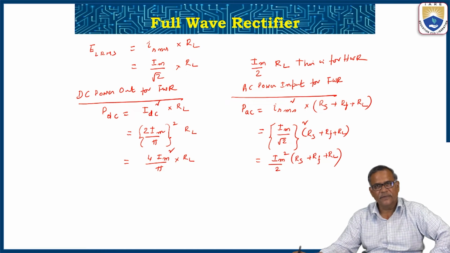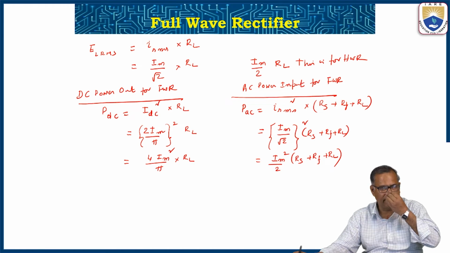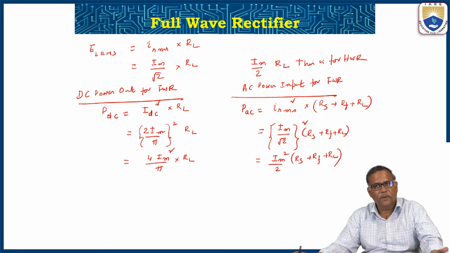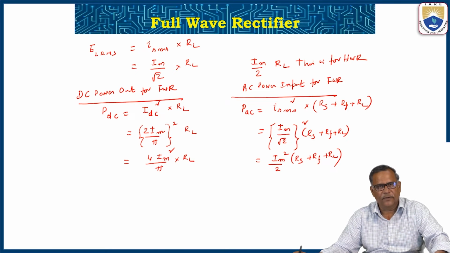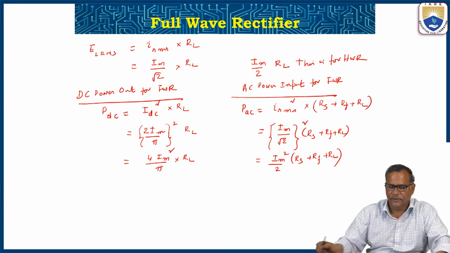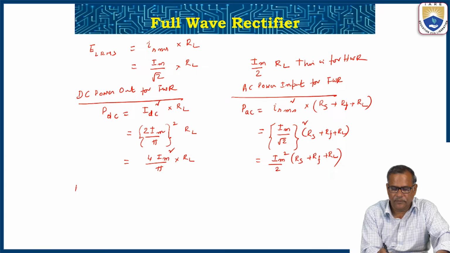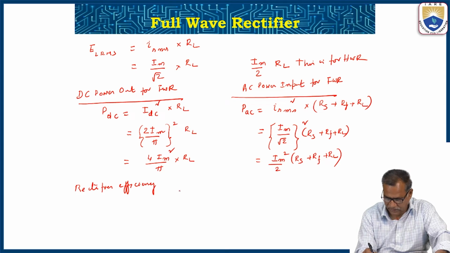So the rectifier efficiency is defined this way. The rectifier efficiency is defined as the DC power output divided by the actual AC power input to the rectifier. So rectifier efficiency we call it as eta.